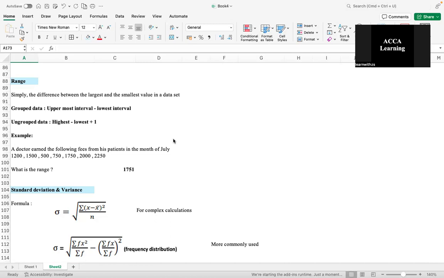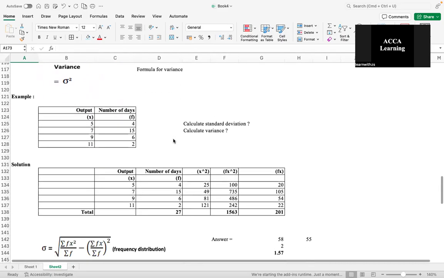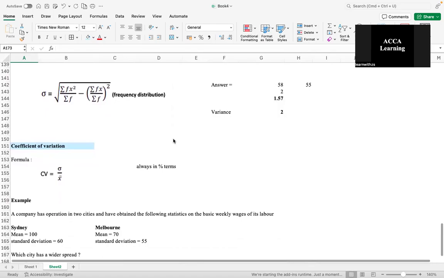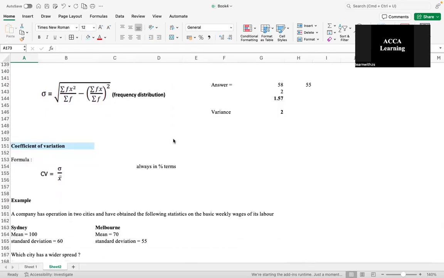Standard deviation, on the other hand, is easy to interpret because it is more robust. It is the representation of the average distance between each data point and the mean, and the coefficient of variation, which is denoted as the letter R, provides a relative measure of variability, allowing for comparison across data sets with different units or different types of scales.